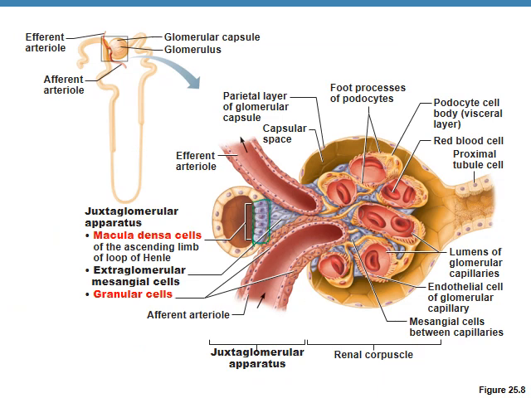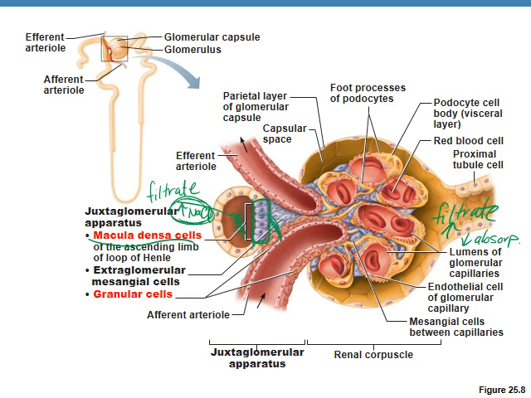So the macula densa cells here are going to be monitoring the filtrate in the tube system. They're monitoring the filtrate for increased sodium chloride. If the sodium chloride is high, that must mean the filtrate rate is high and we have decreased absorption.